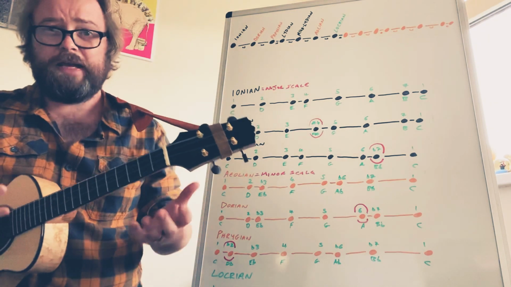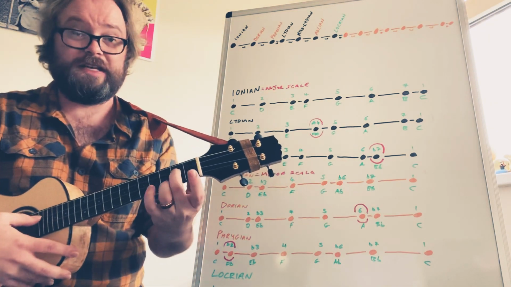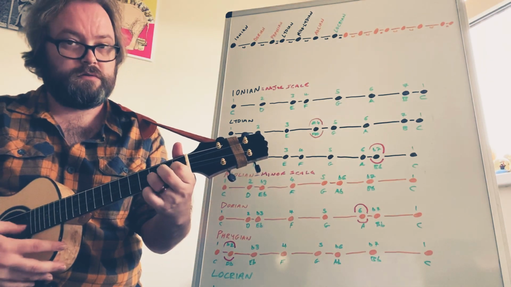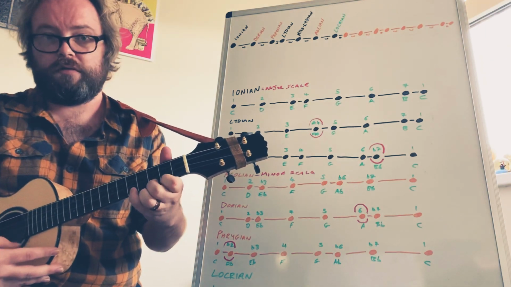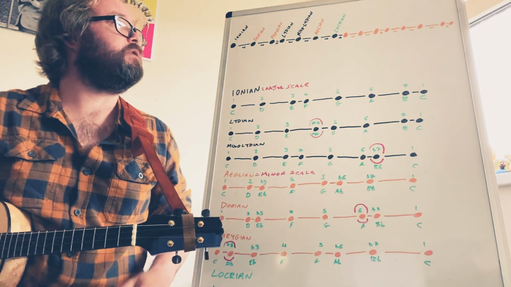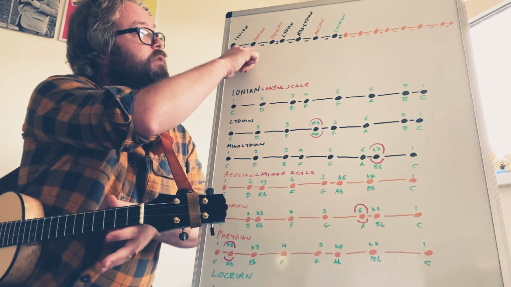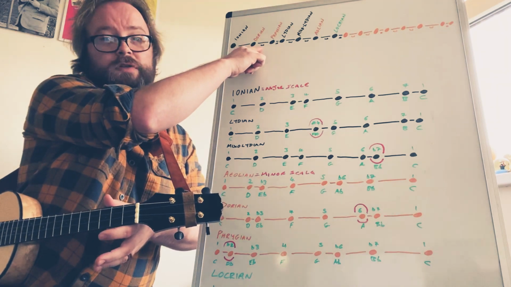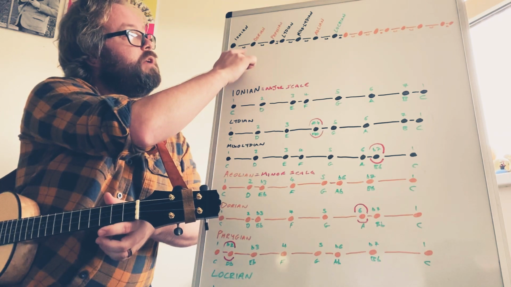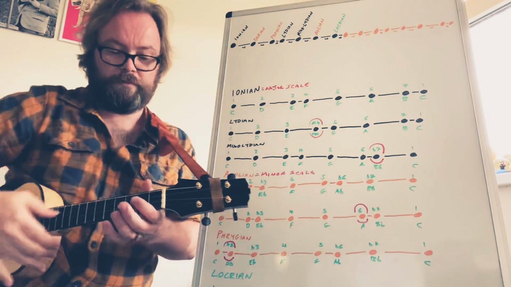Now, what if we played the same scale, but we started on the 2nd note? I could just play a C major scale starting on a D, and I would have what we call the Dorian mode. It has a slightly different feeling, doesn't it, from that C major scale? The reason it's different is that the intervals between the notes are different. Look at the first 2 notes. In Ionian, we have a whole and a whole.